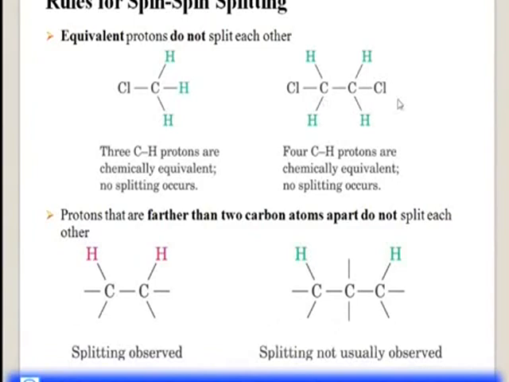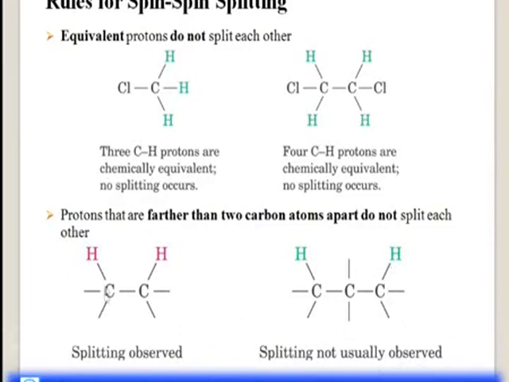Now look at this structure. These two protons are the same here, no splitting occurs because these are chemically equivalent. So we have to see them chemically, whether they are equivalent or non-equivalent. Protons that are more than 2 carbons apart do not split. You can see when we look at these two protons, these are further apart, so no splitting will be observed.